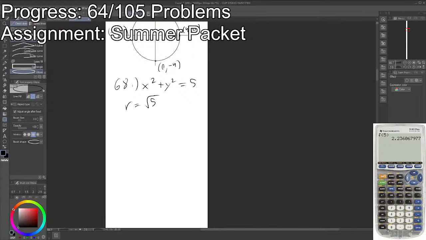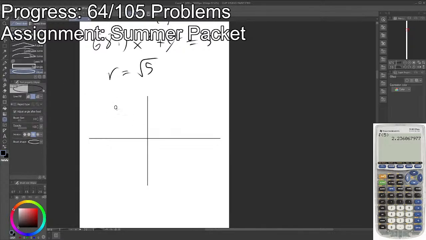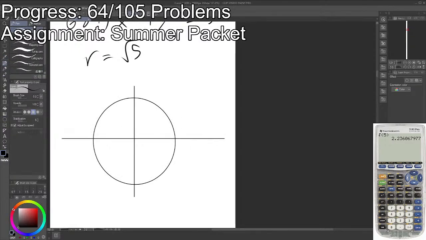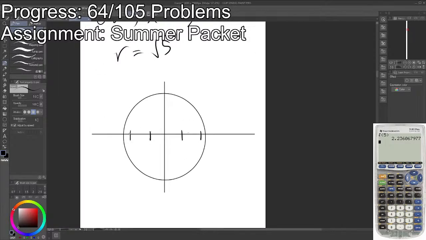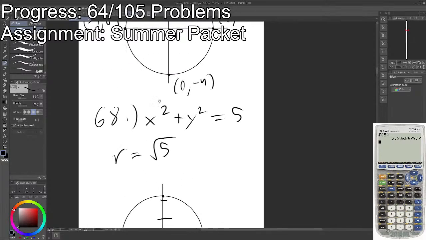I'm just finding that out for when I have to write it down on paper. I'll just draw like 2 ticks. So we know it's like a little bit past 2. So I'll draw ticks for this too, why not?